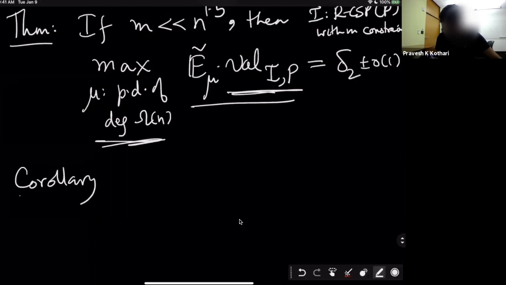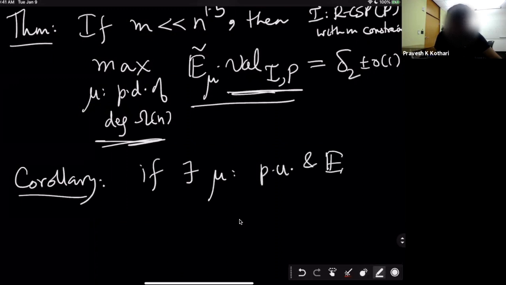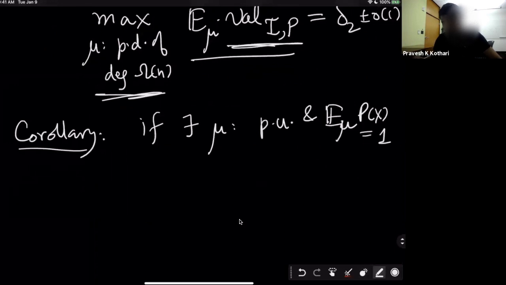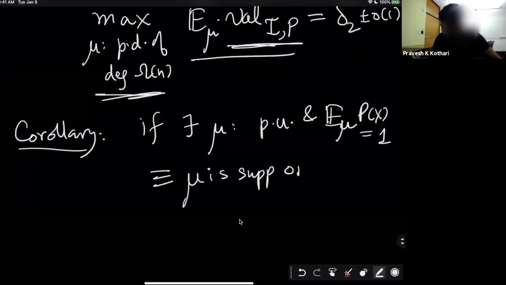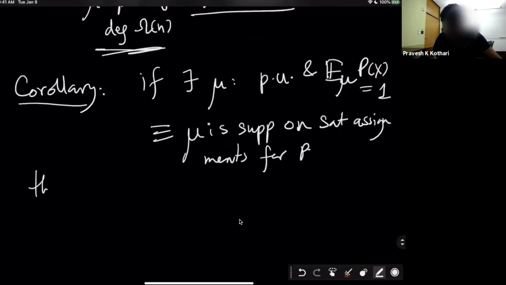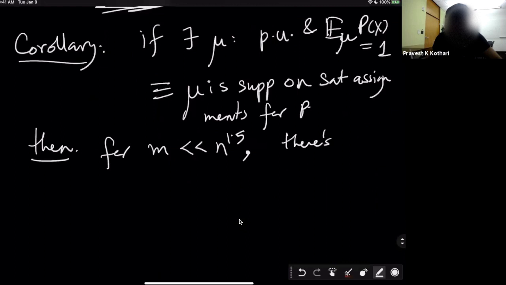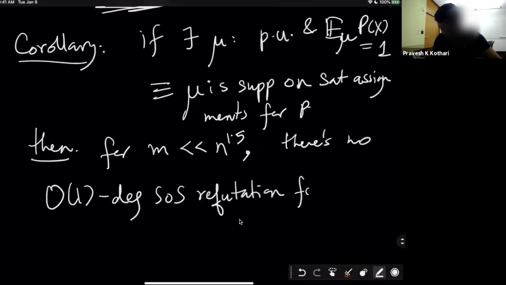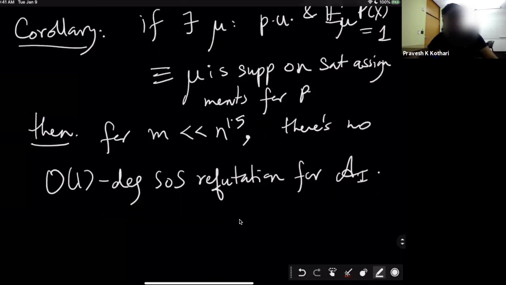So, corollary: if there exists a distribution mu which is pairwise uniform and the expectation under mu of P(x) is 1, which is equivalent to saying that mu is supported on satisfying assignments of P, then, let's call this A sub I the system of constraints that a CSP with predicate P gives you, there is no constant degree refutation.